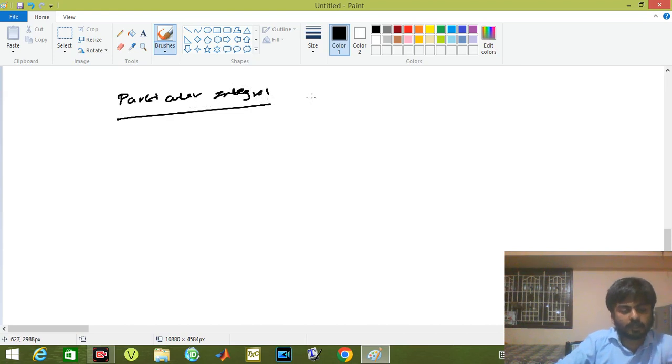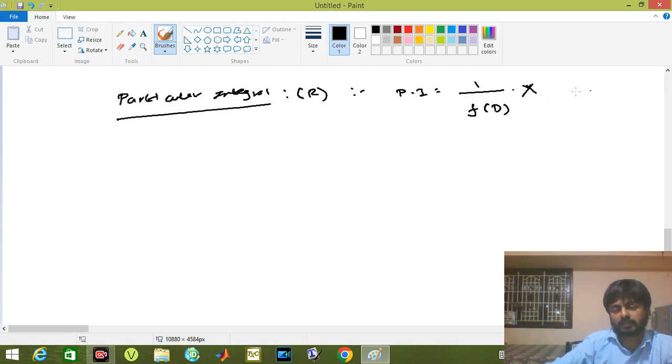The concept of complementary function is over. The particular integral always depends on R, and it will be given by particular integral equal to 1 by f of D into capital X. Your capital X is nothing but your right hand side.